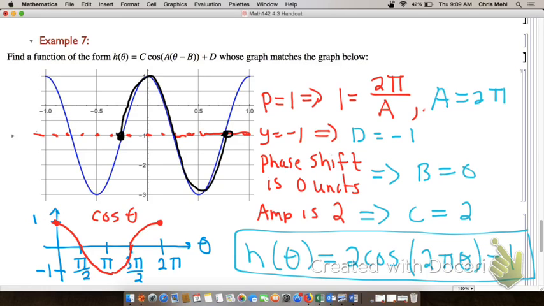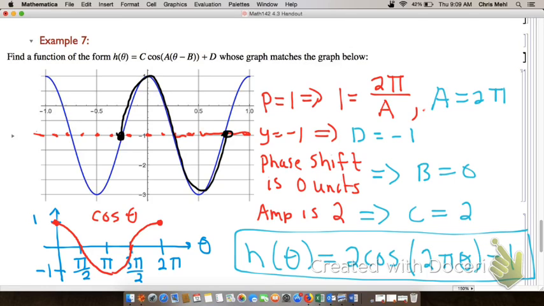The only difference is your phase shift would be minus 0.25 units to the left. So you would use all the same parameters except your capital B would be negative 0.25. And then instead of using a transformed cosine, you would do a transformed sine.